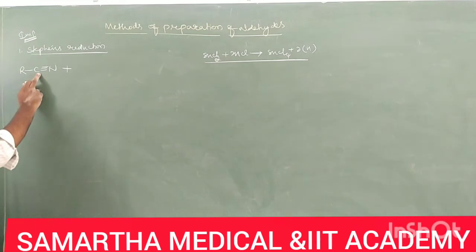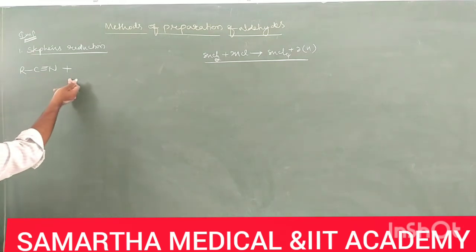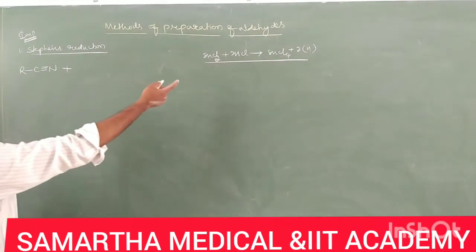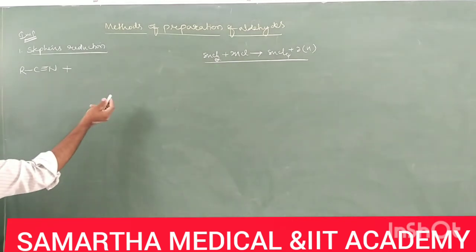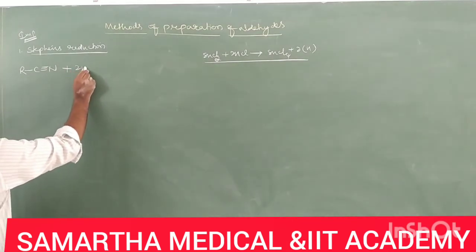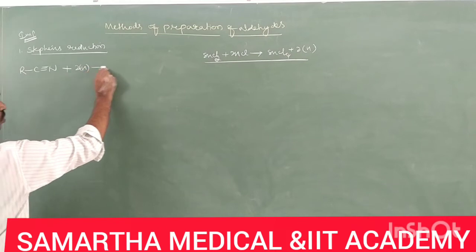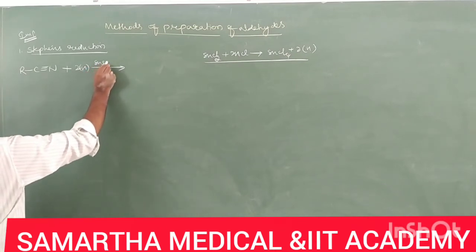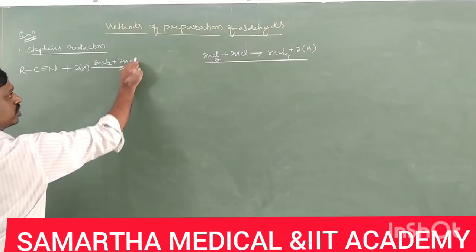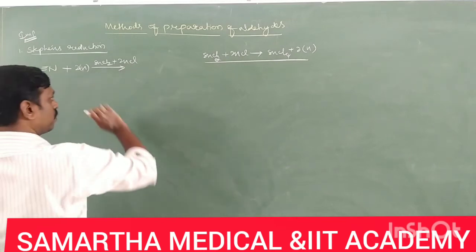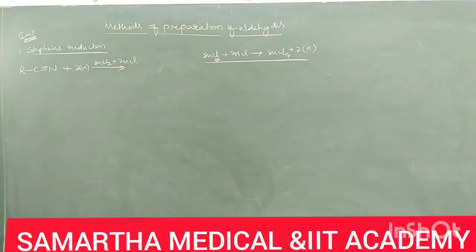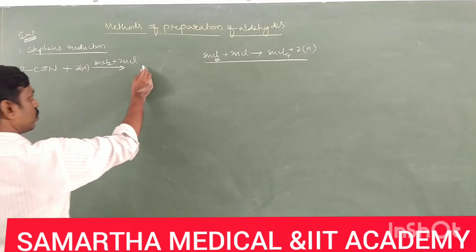So therefore alkyl cyanide or alkane nitrile undergoes reduction in the presence of stannous chloride and hydrochloric acid, which produces 2 nascent hydrogen. SnCl2 plus HCl gives imino hydrochloride as an intermediate.